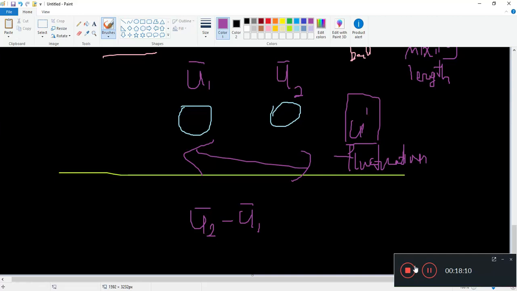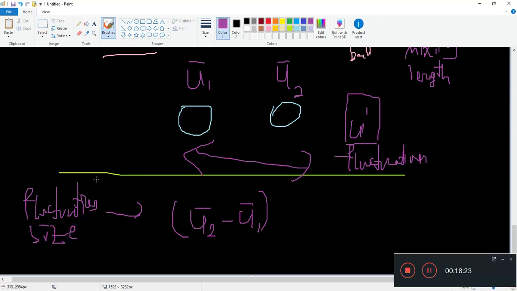Okay, so this is the size of the fluctuation, and this will be on the order of magnitude similar to u prime.